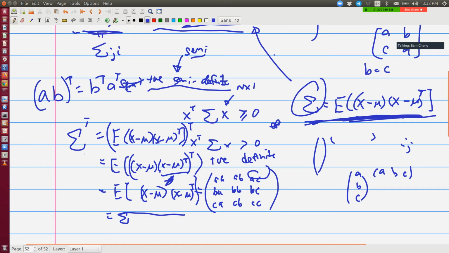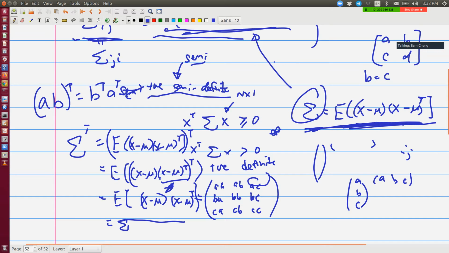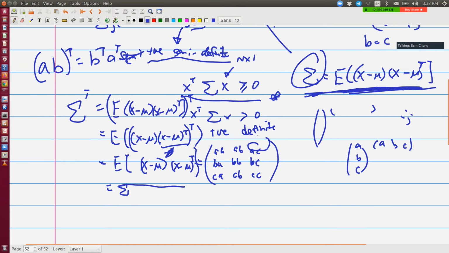So what was the property of semi-definite? Semi-definite means that if I have sigma and put any arbitrary vector, say y, on both sides, then consider y transpose sigma y.